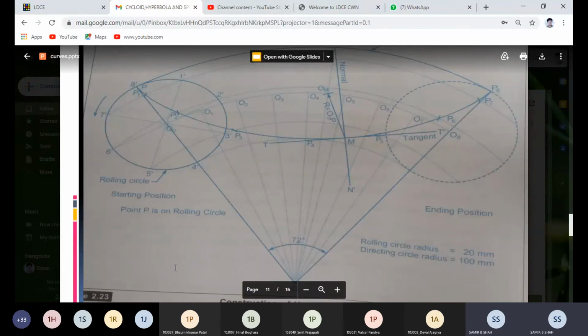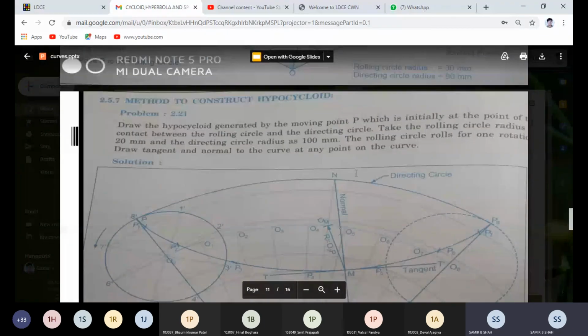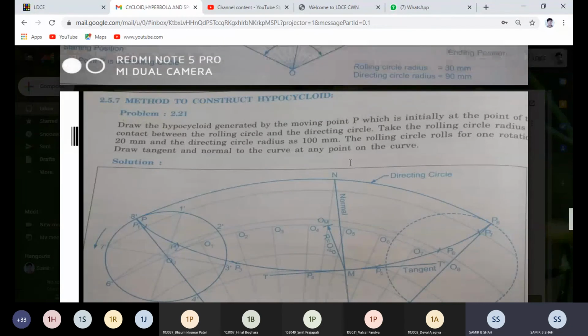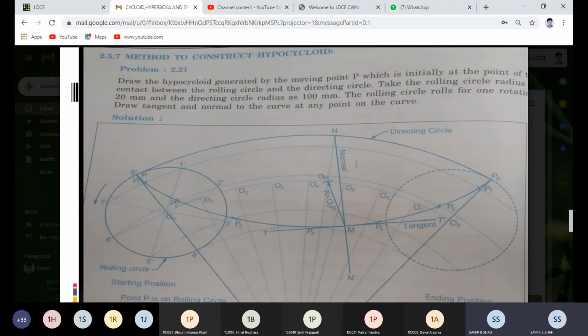Now we have to draw the tangent and normal. Same method we have to follow. Take any point M on the curve, take the center at M and the radius equal to the rolling circle radius. Mark the point OM on the center line where the radius is 20 mm.